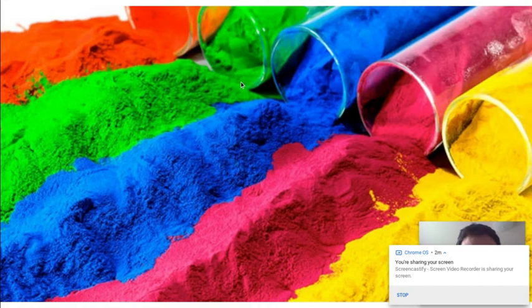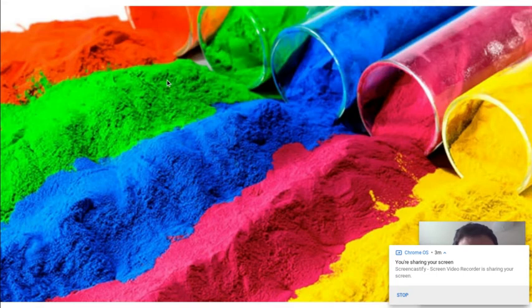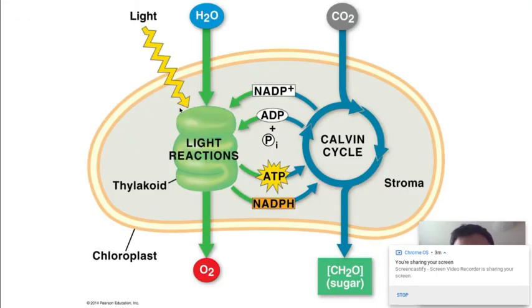So if we go back to our thylakoid, there's a pigment in here called chlorophyll, not borophyll, chlorophyll. Well, what does chlorophyll do? It absorbs light energy. That's the key: this green pigment absorbs light energy and reflects back the unused green light, and that's why the leaves appear green.